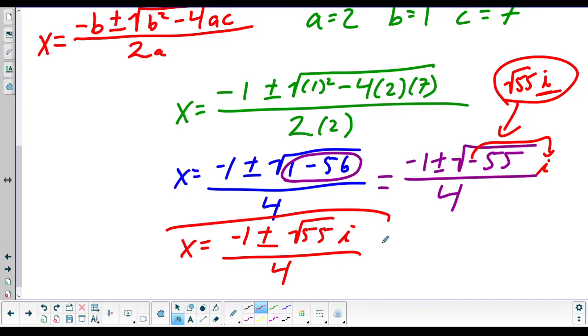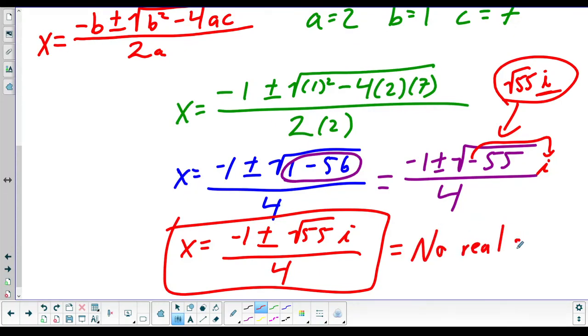And then this is the imaginary solution. So I'm not sure if this will show up or if it's going to say no real solution. Because it's a college algebra class, I kind of expect this. So that's how you're going to do that. If you're going to get an imaginary solution, it's because the inside of your radical there turns negative.